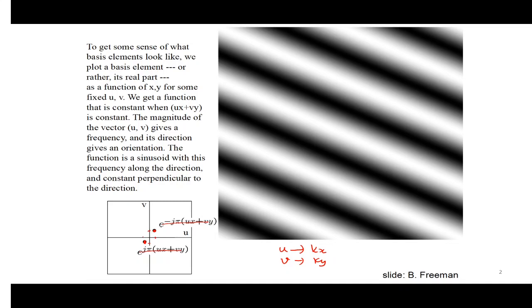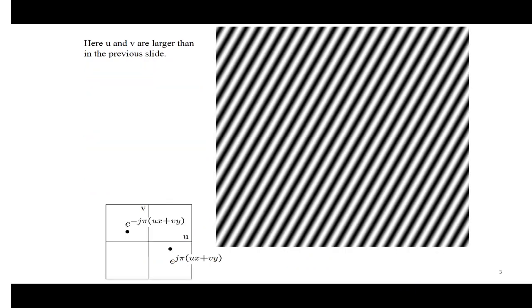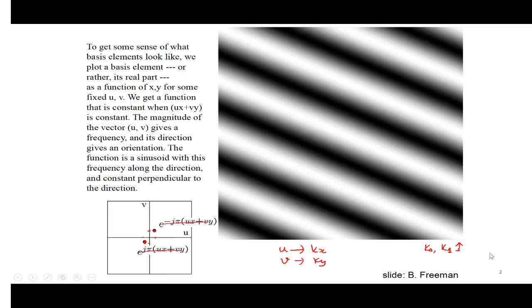Now if I am going to increase my k naught and k1, what is it equivalent to? It's equivalent to increasing the frequency of my cosine wave, is it not? So if I increase that, ignoring the orientation for the time being, we would come back to it a little later, but this is an increased frequency, just by looking at, for example, this distance.